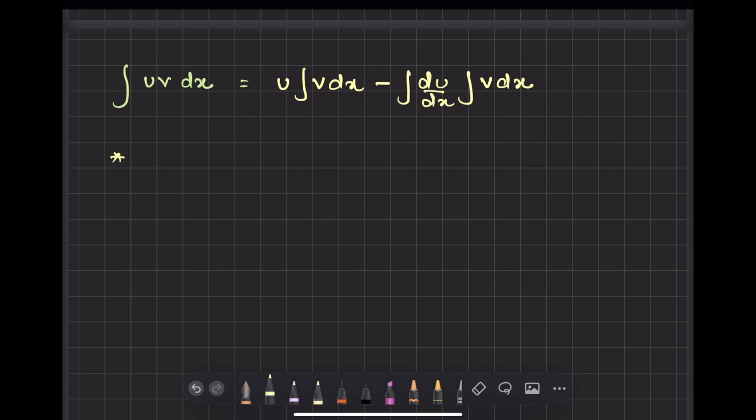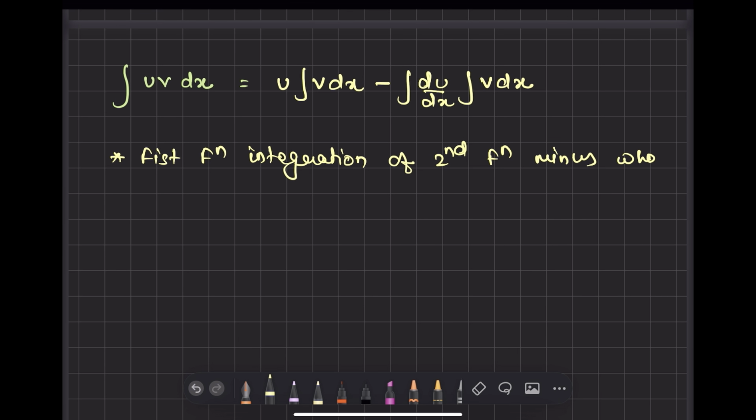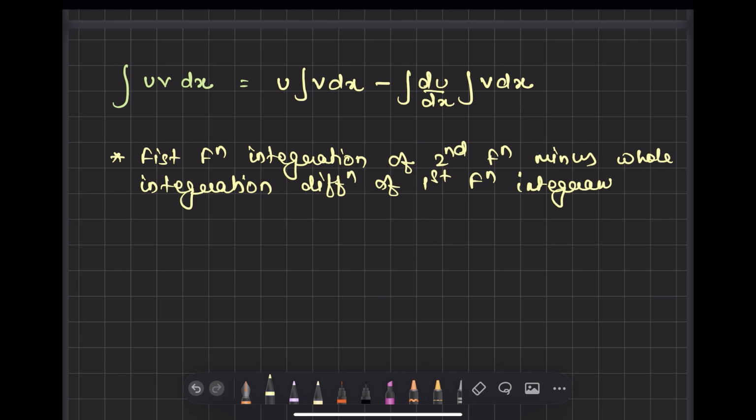The statement is: first function, integration of second function, minus whole integration, then differentiation of first function, integration of second function.